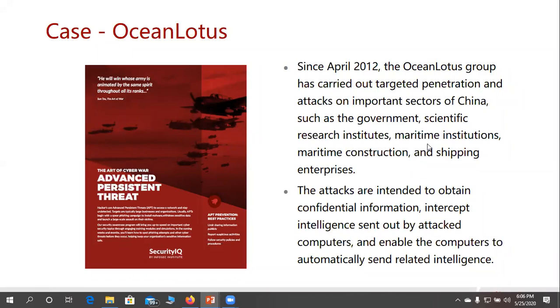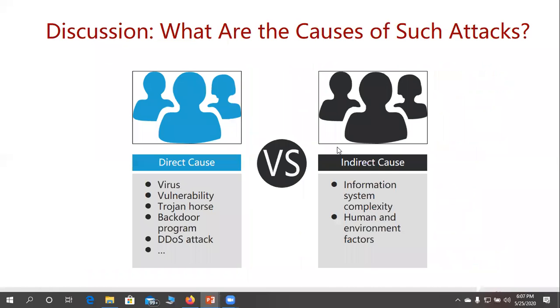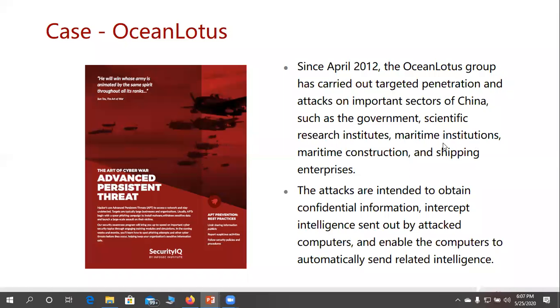So this group is intended to obtain confidential information, intercept intelligence, all right? And of course, this group uses two methods of attacks, okay?